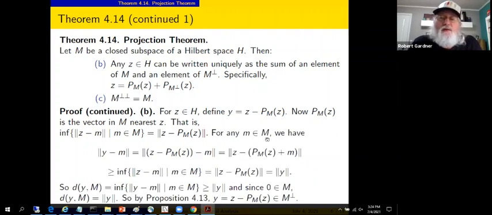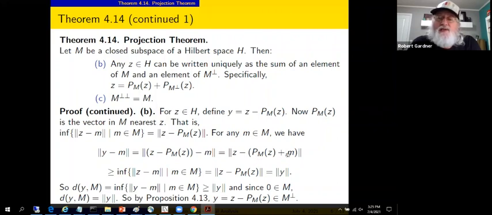Now, for any vector m in the subspace, so we're letting that vary now, we have the norm of Y minus m, where Y we've defined up here. Here's the definition of Y: the norm of Z minus the projection onto M of Z minus m. Substitution, rearrange, that's Z minus this stuff here.